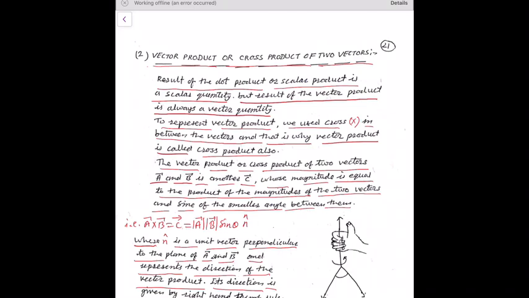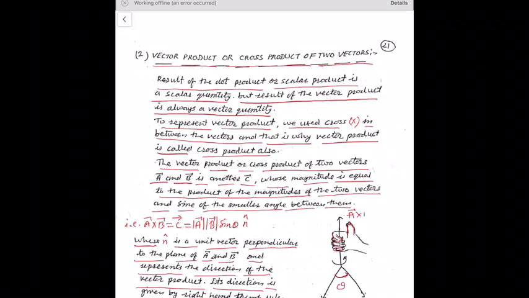According to the figure, if we curl our fingers around the line perpendicular to the plane of the vectors in such a way that fingers are curled in the direction from A vector to B vector, then the stretched thumb points in the direction of cross product or vector product.